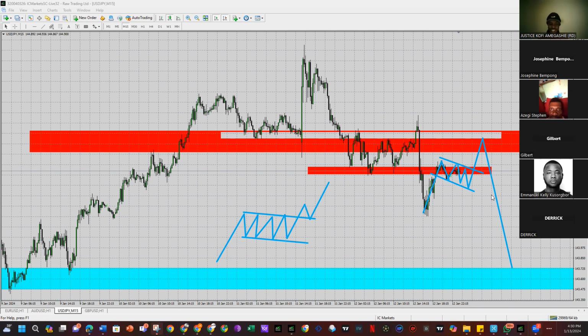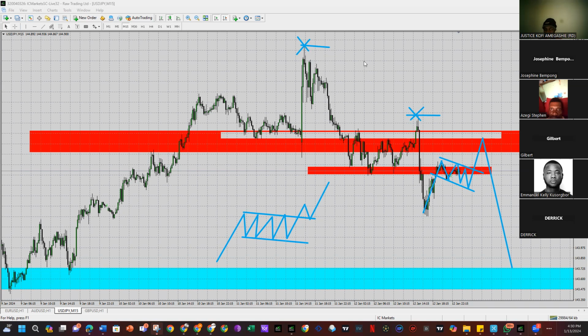Based on that, I decide that I want to be a seller. But if this liquidity zone is broken, the next liquidity zone is this place. So if this place is broken, I'll start trading to hit this area here.